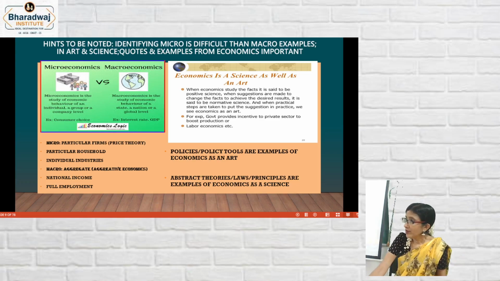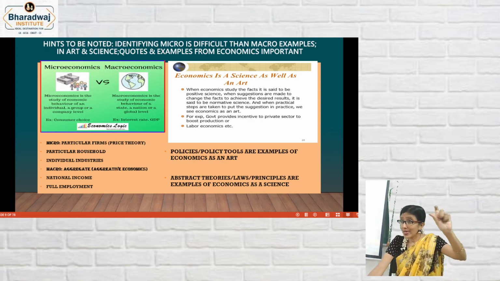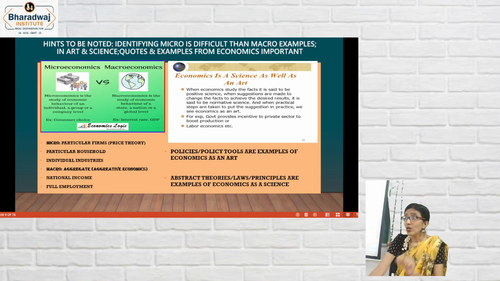But if the name of a policy is mentioned, it will come under economics as an art because art is an application. Can you understand? And if it is given as a case example also, you must be able to locate it.